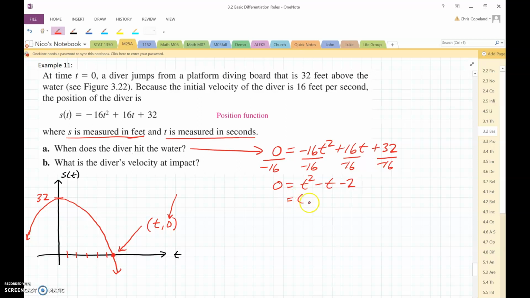Then we can factor this, and this would be t minus 2, t plus 1. So t would equal 2, and t would equal negative 1. Well, the negative 1 we're going to throw out because, again, we're not going to go back into time.